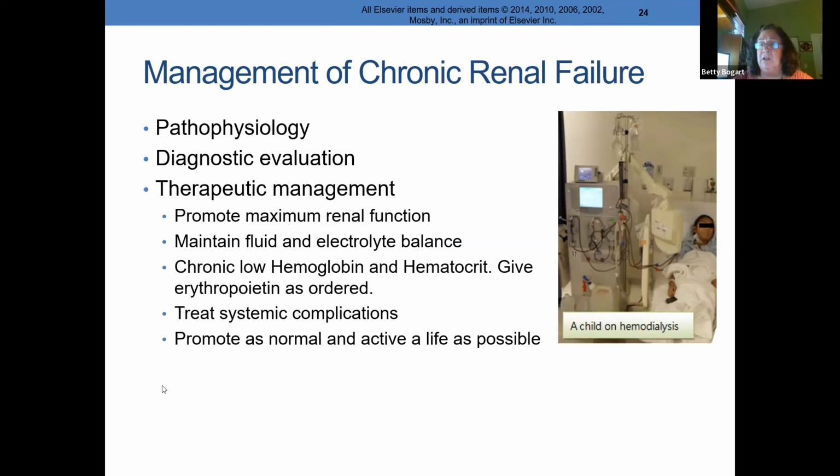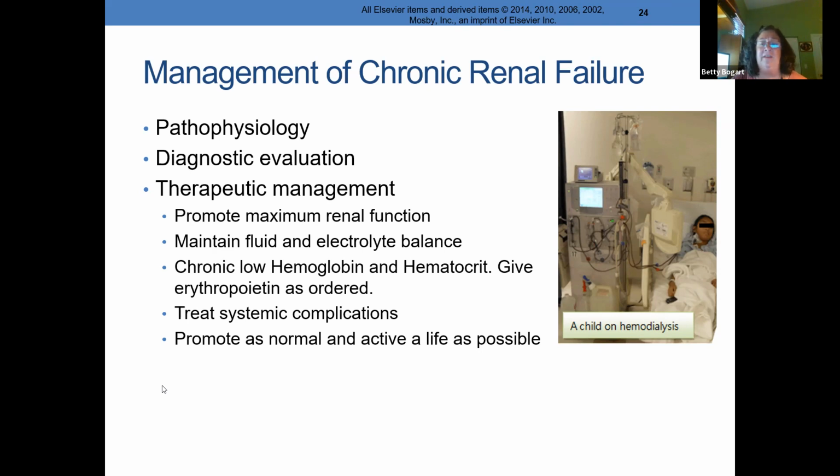And also the hemoglobin hematocrits can be really, really low. One of the things that we've started doing is just giving them prophylactic erythropoietin injections. And what that does, it makes the body produce its own red blood cells, which probably can decrease the amount of transfusions that's needed. And we want these kids to be as normal as possible.